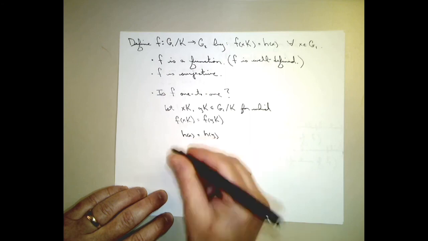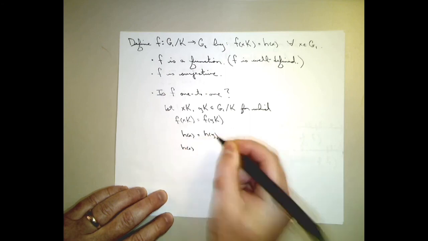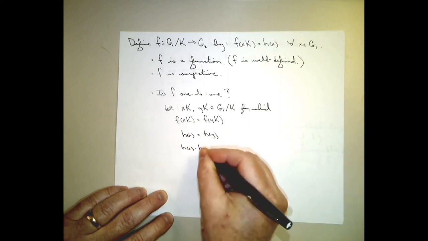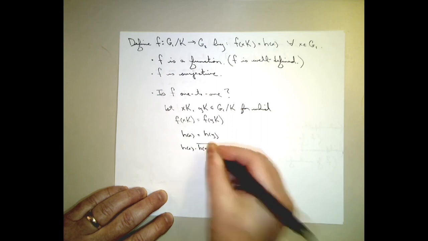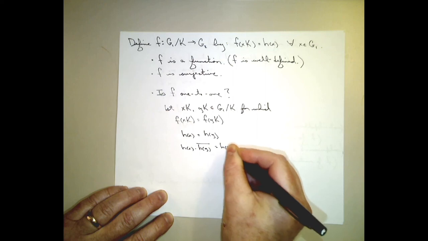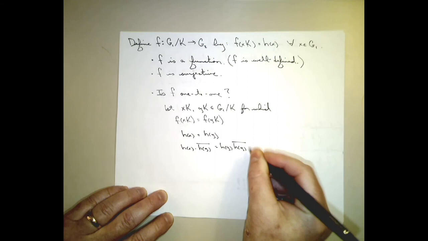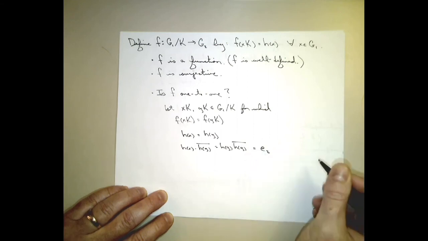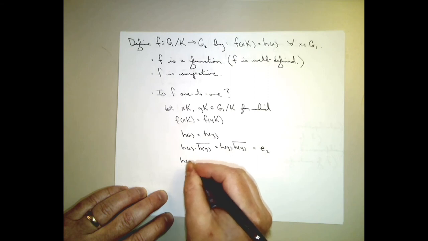Let me multiply both sides of this equation by the inverse of h of y. Of course, what that gives me on the right-hand side is just the identity element in G2. And on the left-hand side, I have h of x times the inverse of h of y.